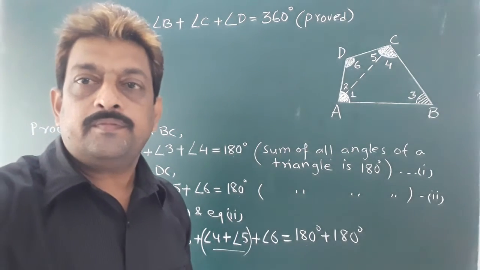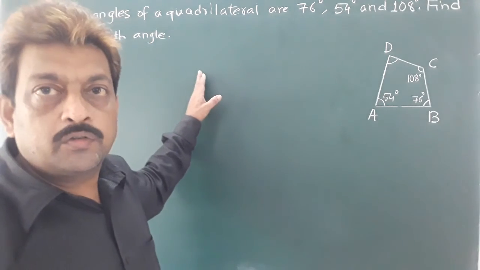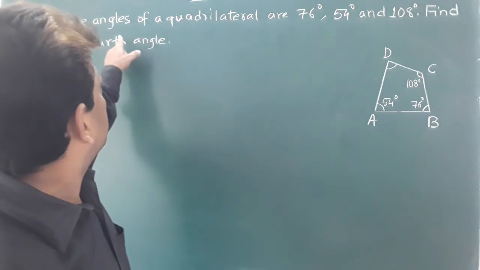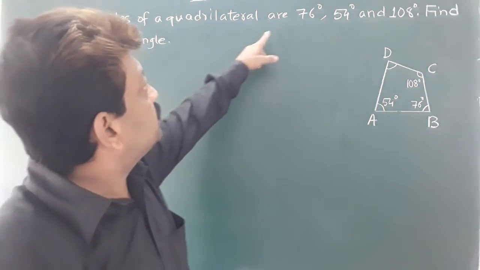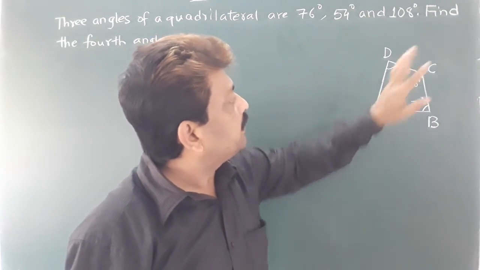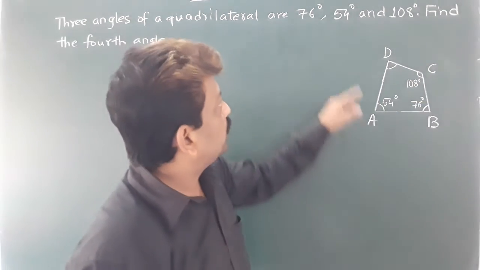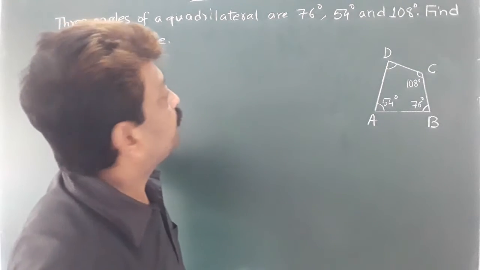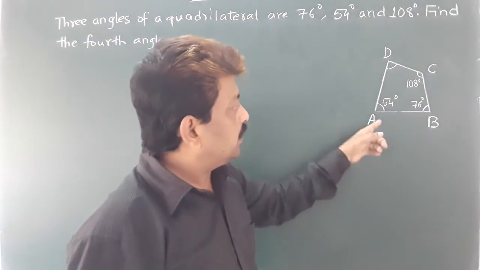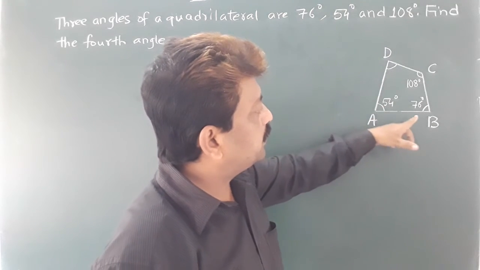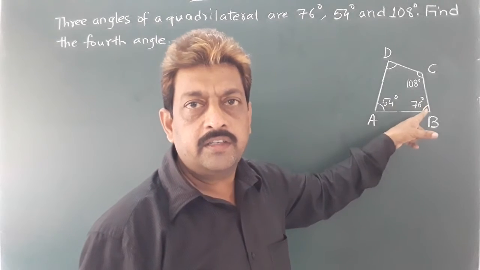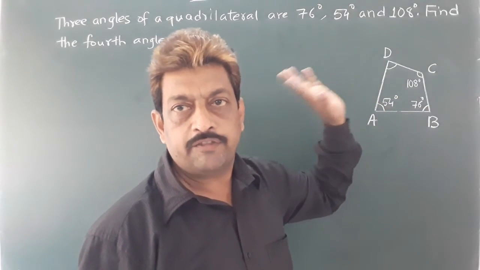Next, here is a question. The question is, in a quadrilateral, three angles are 76 degree, 54 degree and 108 degree. We have to find the fourth angle. So suppose ABCD is a quadrilateral in which angle A is 54 degree, angle B is 76 degree, angle C is 108 degrees, angle D is not known, we have to find.